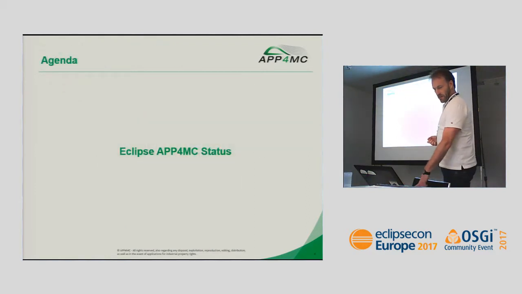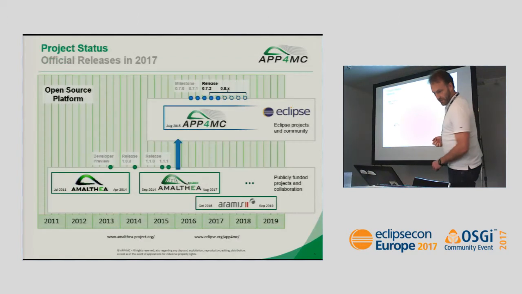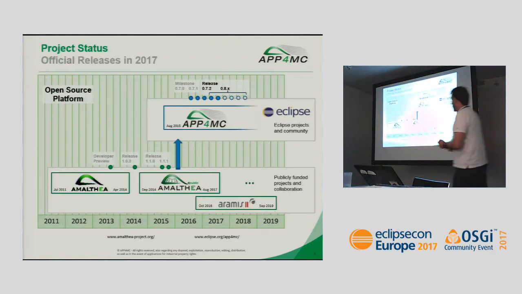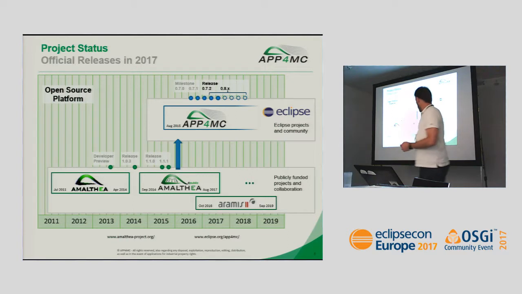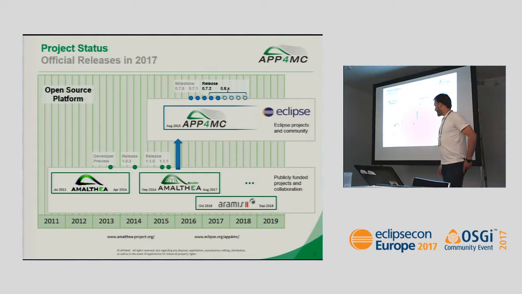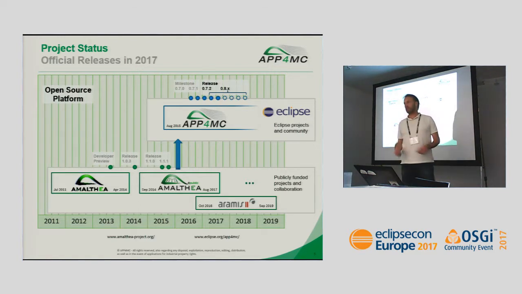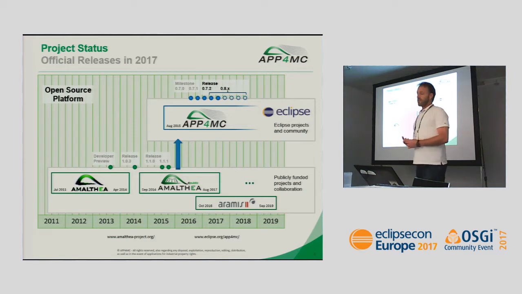So then, what is the status of our project currently? Our origin was in two publicly funded projects, ITEA projects. These are European funded projects, Amalthea and Amalthea for Public. We already did some releases on that level, so we already provided open source with the Eclipse Public License, but we developed in a closed environment and only published it.